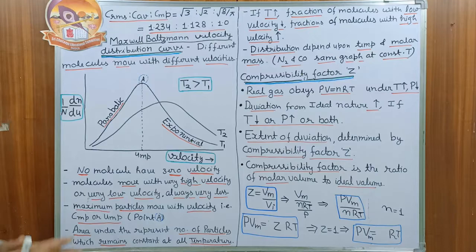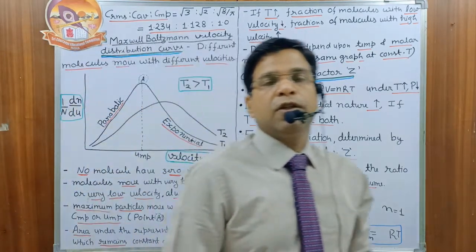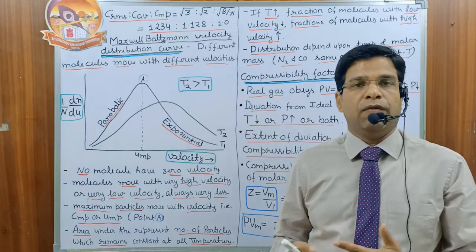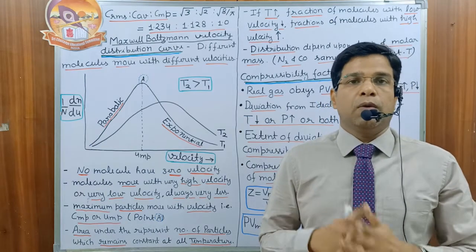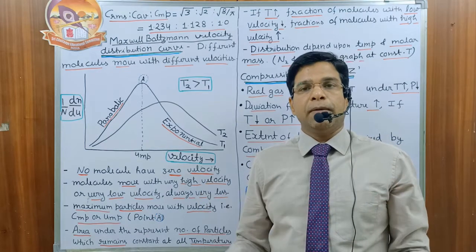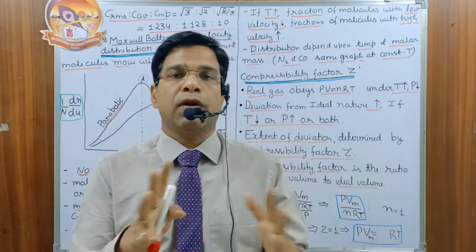Next we have the Maxwell-Boltzmann velocity distribution curve. In this distribution curve, we will discuss how the velocities are distributed among the particles. Last time I already explained that particles at constant temperature don't have constant velocity.